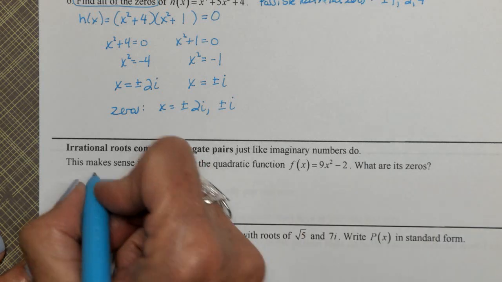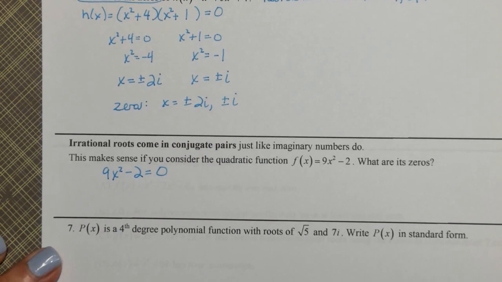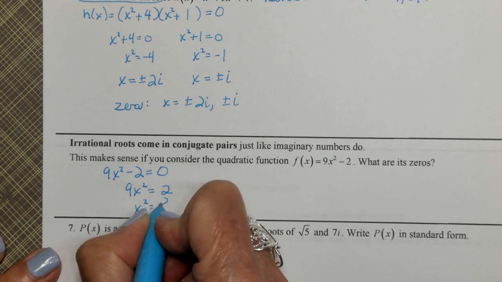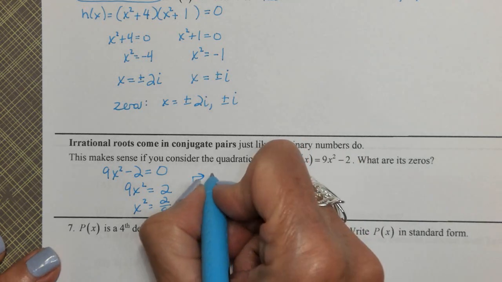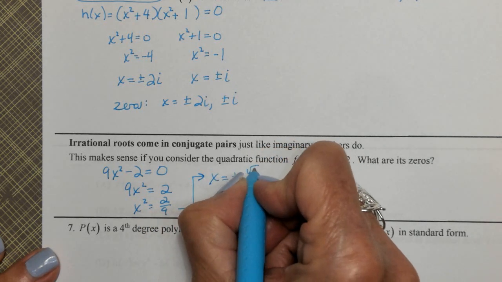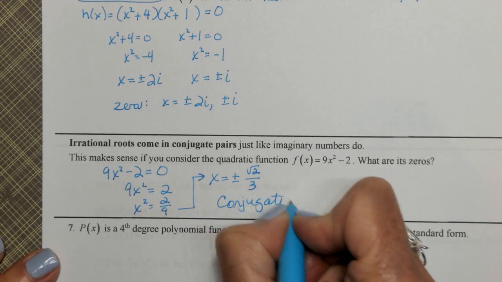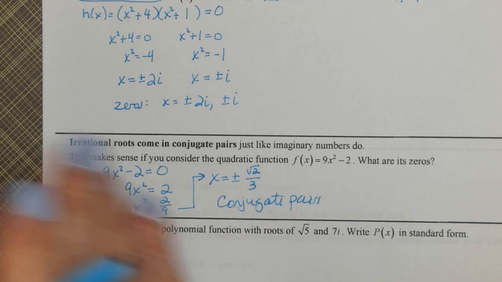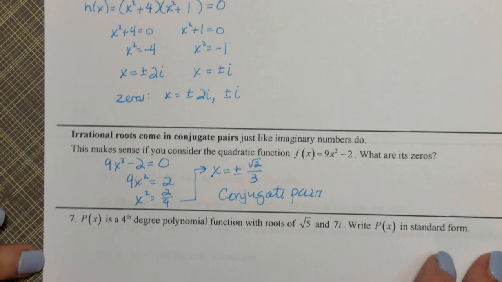If we're finding the zeros of this, I'm going to take that function, set it equal to 0 to find the zeros. Here I would get 9x squared is equal to 2, so x squared is 2 over 9. And to find x, we take the square root of both sides, plus and minus, and that would be square root of 2 over 3, conjugate pairs. Similar thing would happen if you needed to use the quadratic formula. Quadratic formula, it has that plus and minus in it. Those are conjugate pairs every time.